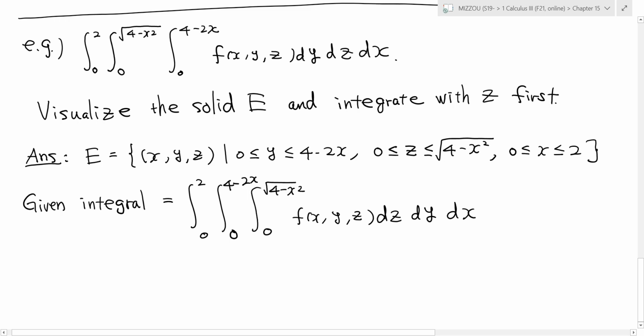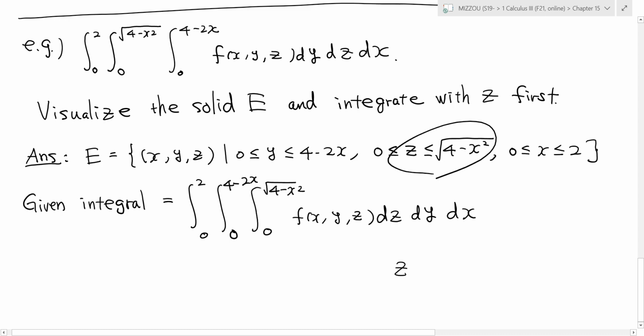But now, we're going to visualize the solid. Well, can you visualize it? Look, z is from 0 to root of 4 minus x squared. First of all, z equal to 0 is the xy plane. Now, what's the other one?